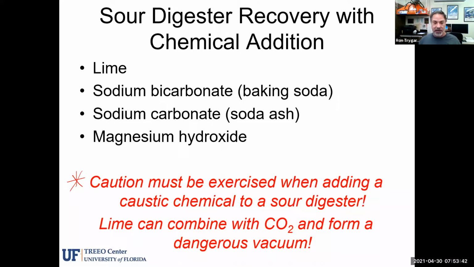You don't want to be drawing atmospheric air in from the pressure and vacuum relief valves. And you certainly don't want to cause any damage to anything. So you got to be very cautious, add the lime in very slowly. It's a very high pH chemical. That's why a lot of people tend to divert to, say, soda ash. It's a little bit less volatile reaction.